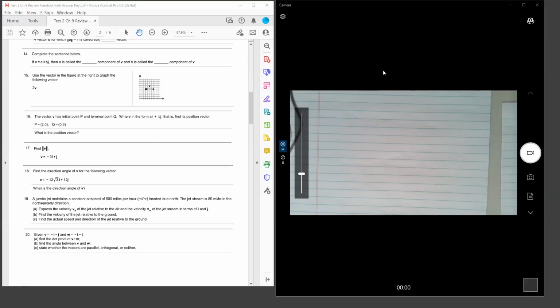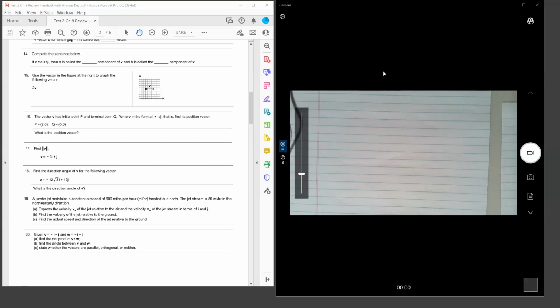So they want us to express the trajectory of the aircraft as a vector, and also there is a wind, and they also want us to show that as two vectors in ij form.